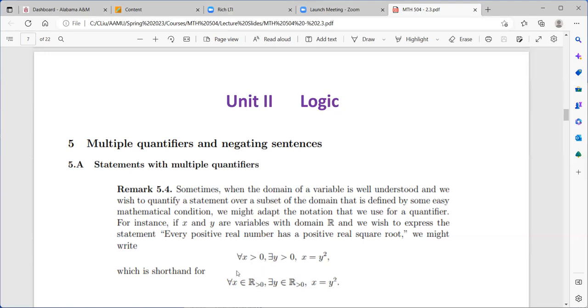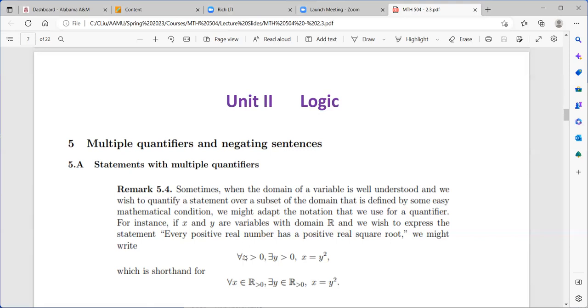The original notation will be: for x belonging to R greater than 0, there exists some y also in R greater than 0, so that x equals y squared.